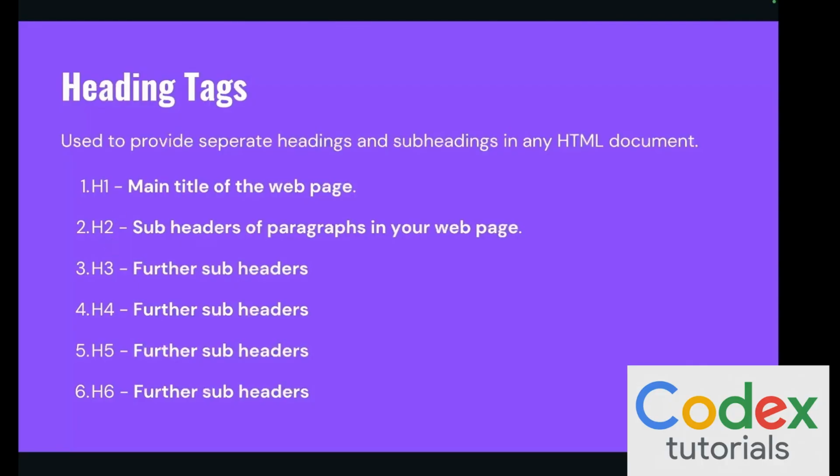Let's say you have written smaller articles in your web page and you want to place a heading for all of those articles, you can use the H2 heading tags. From tags H3 to H6, these are all circumstantial and can be used at your discretion or as per what your content is about. There is no fixed rule of where you should be using H3, H4, H5 or H6. So these are the different heading tags available in our HTML specification.